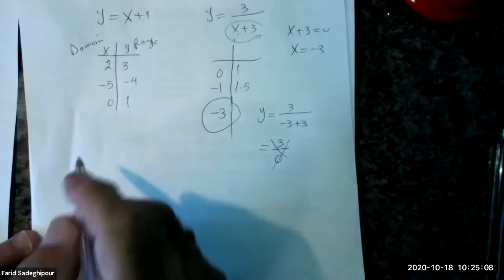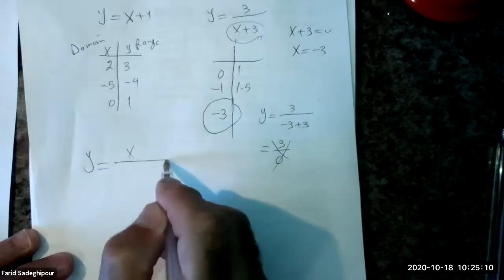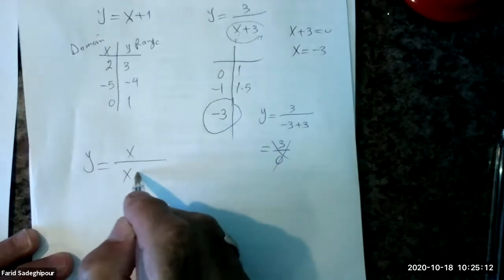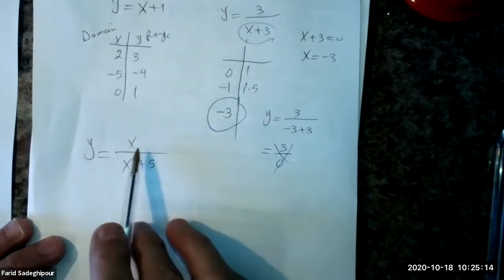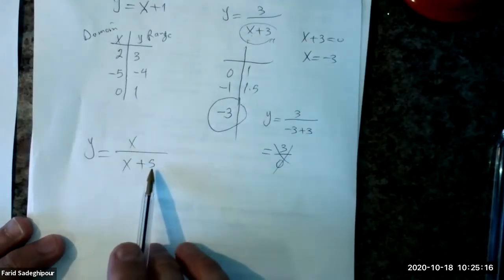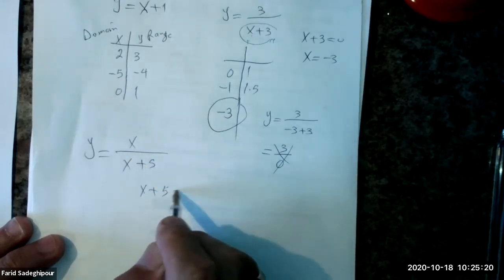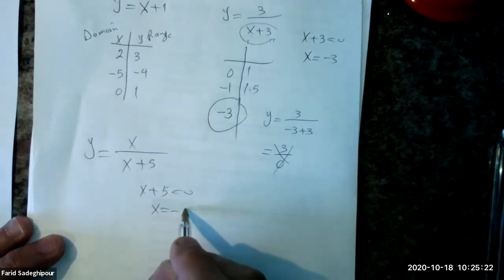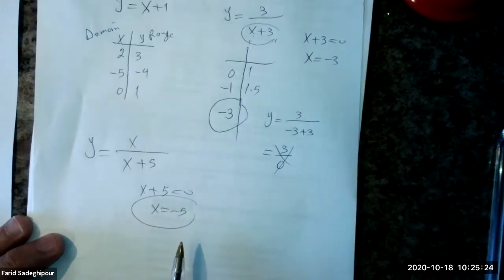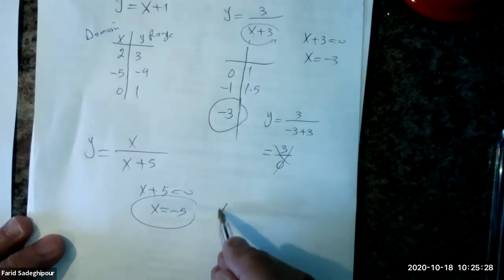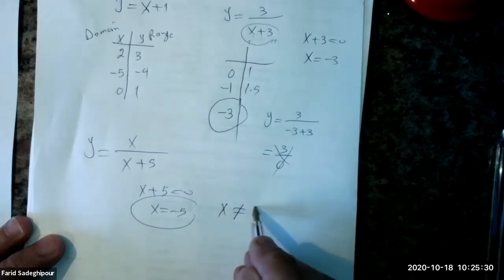Another example, let's say I have y equals x over x plus 5. It doesn't matter what the numerator is. What number would make the denominator 0? Take x plus 5 and set it equal to 0. x equals negative 5, that's the number that would make the denominator 0. So you don't want that. When you define the domain, just say all the numbers except negative 5.